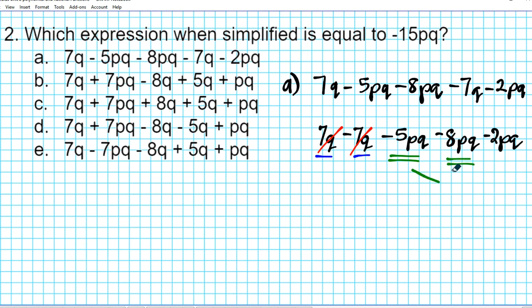Combine those together. What's that going to give us? That gives us negative 13PQ. And then we'll just subtract 2PQ from that. And then when we combine negative 13PQ and negative 2PQ, the signs are the same. You add and keep the sign. You end up with negative 15PQ. That's what we want. Our answer is option letter A.